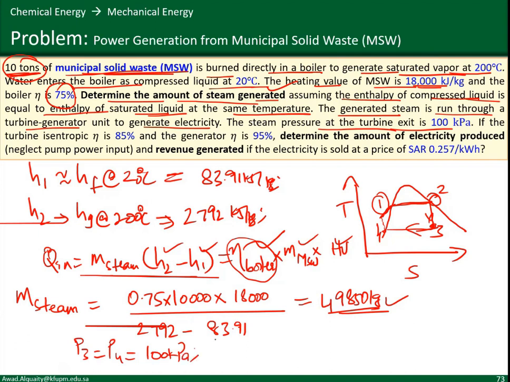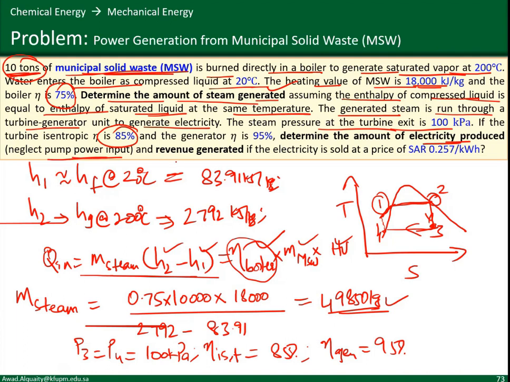Now, the turbine isentropic efficiency is 85%, which means that 2 to 3 is not an isentropic process. The generator efficiency is 95%. We want to determine the amount of electricity produced, and we can neglect pump power input.